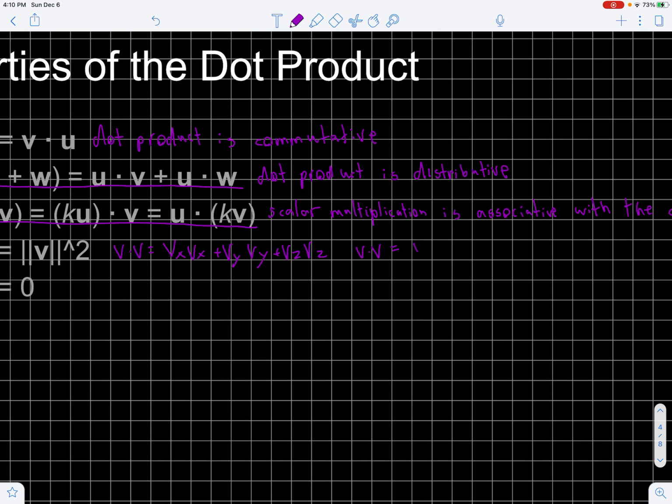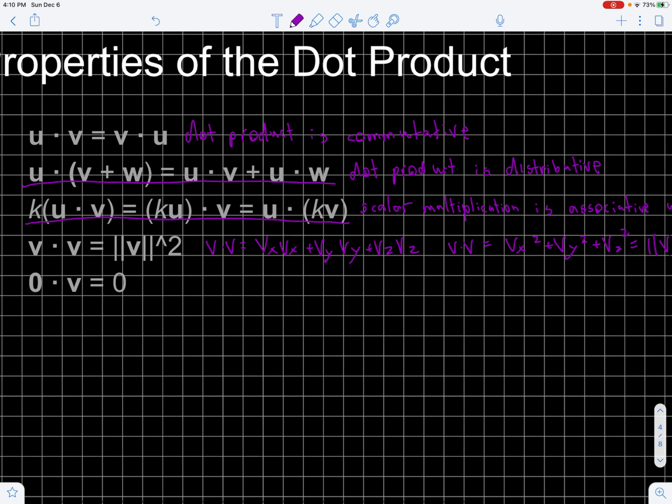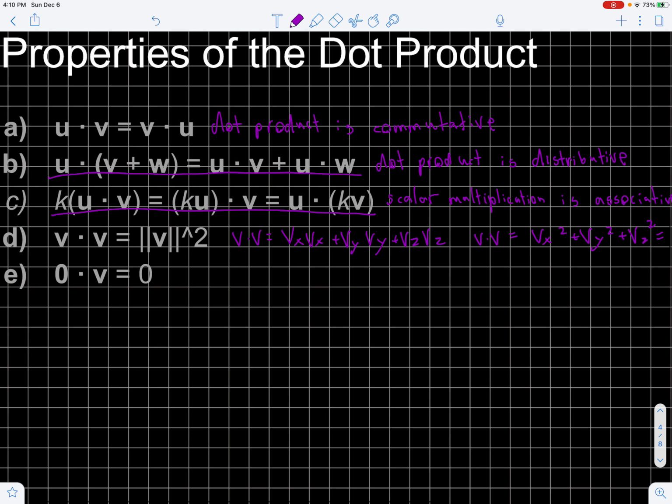So v dot v equals vx squared plus vy squared plus vz squared, which we know is the norm of v squared, three-dimensional Pythagorean theorem.